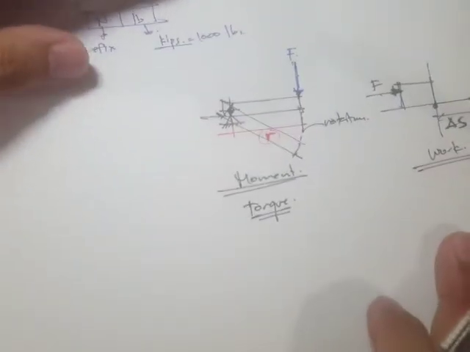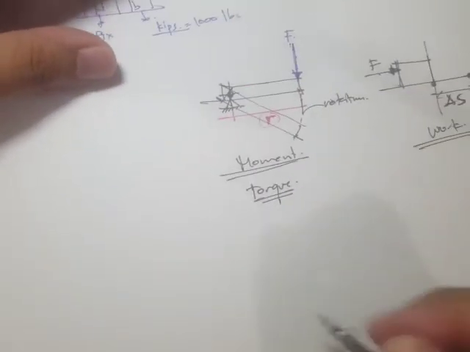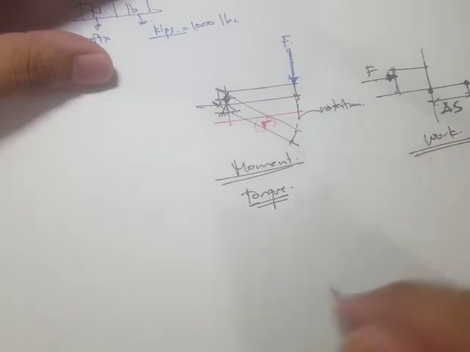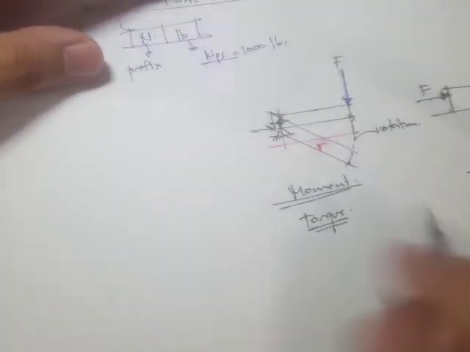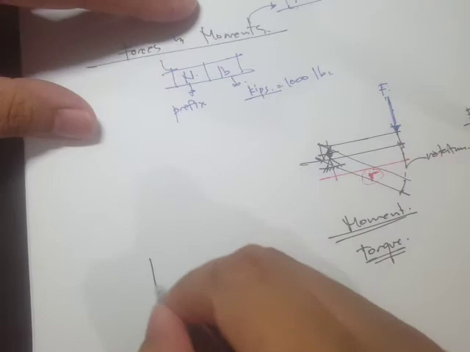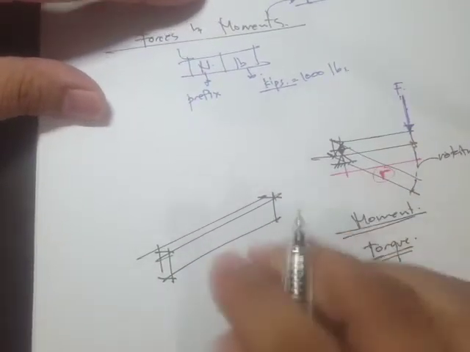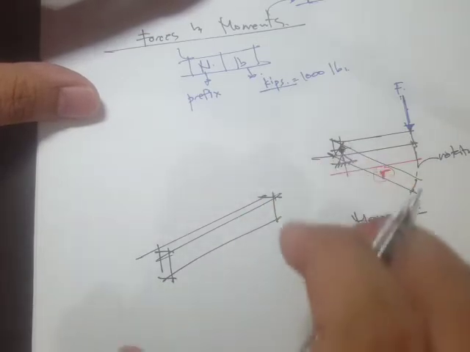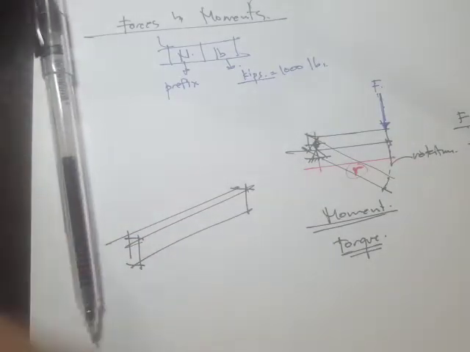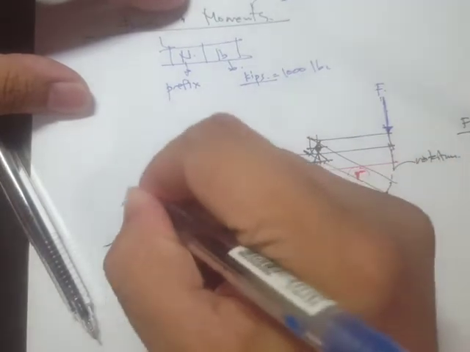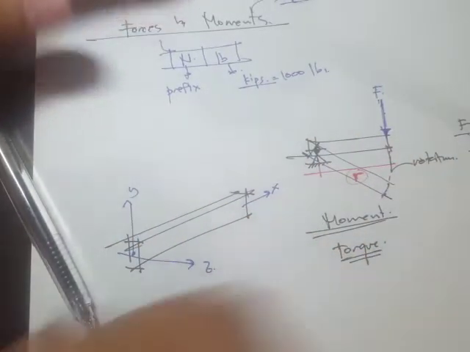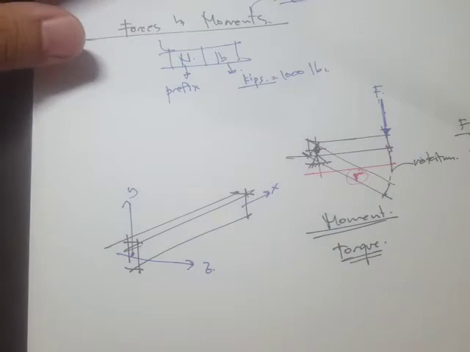So we should differentiate it right here. Let's say this is our body or our material, and this is our x-axis, this is our y, and this is our z-axis.